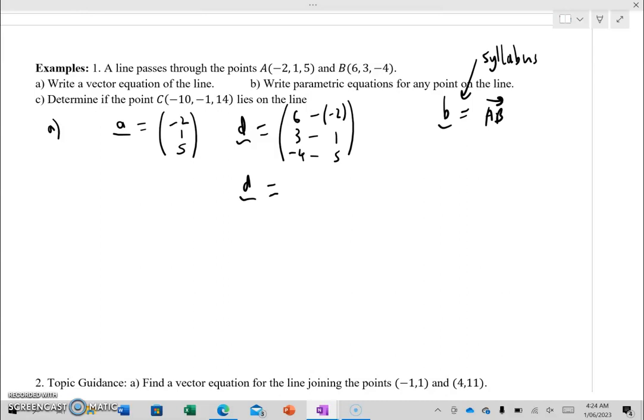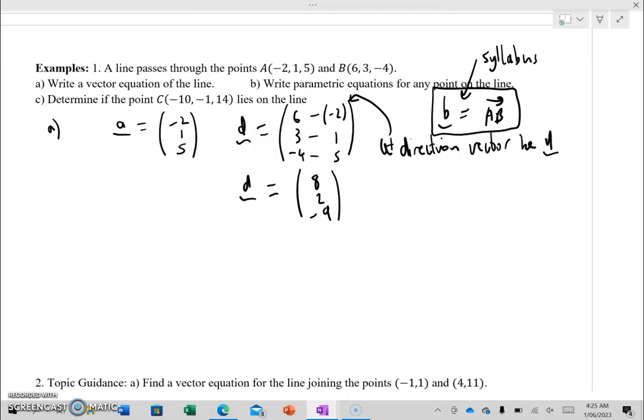If you're using D here, I would say: let the direction vector be D, just to let the examiner know what D is. So (8, 2, -9). I don't like what they do in the syllabus, by the way.